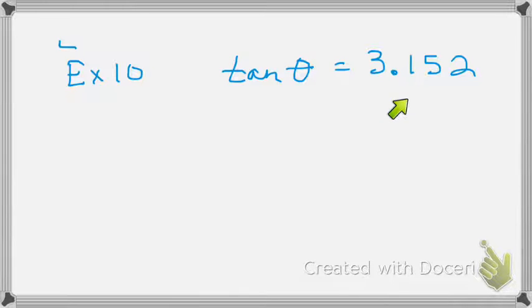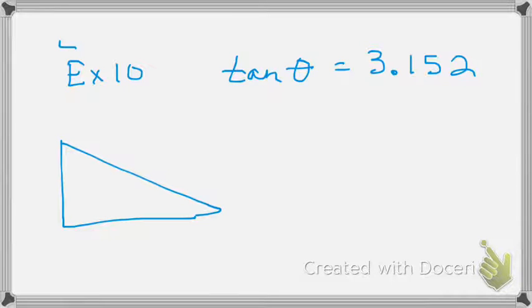All right, now I have to go backwards here. Think about what this means. This is saying I've got some angle, theta, and I'm just going to pick theta to be over here. But this would be my opposite, and this would be my adjacent if I'm referencing theta. So for whatever reason, that area of my screen is not wanting to write.